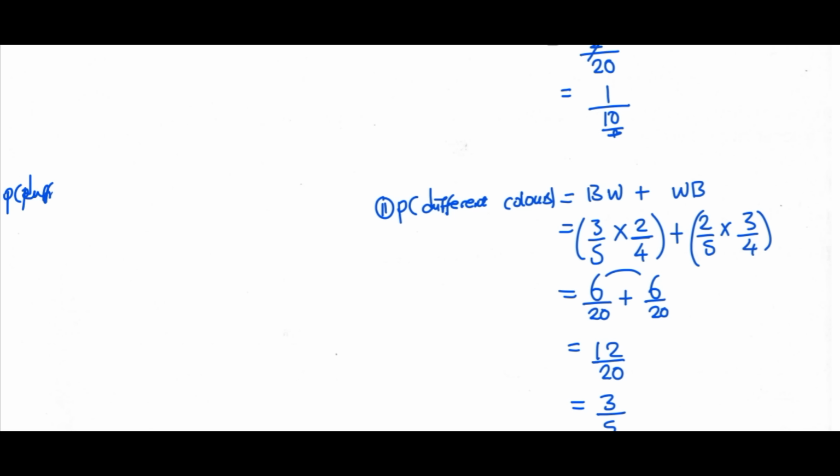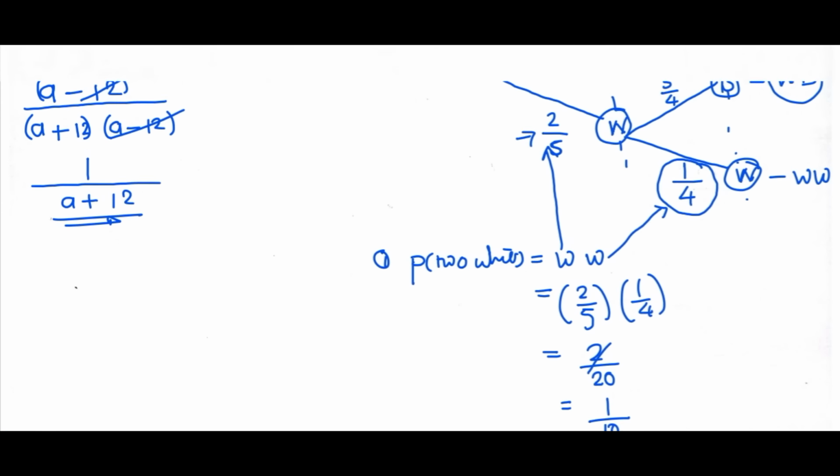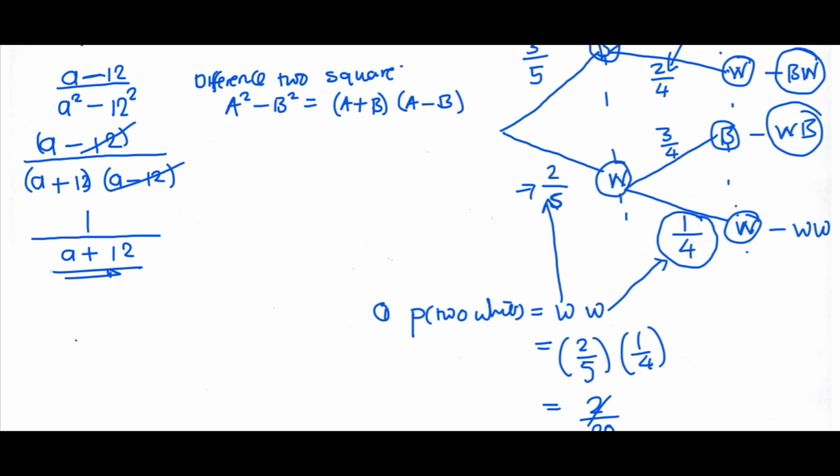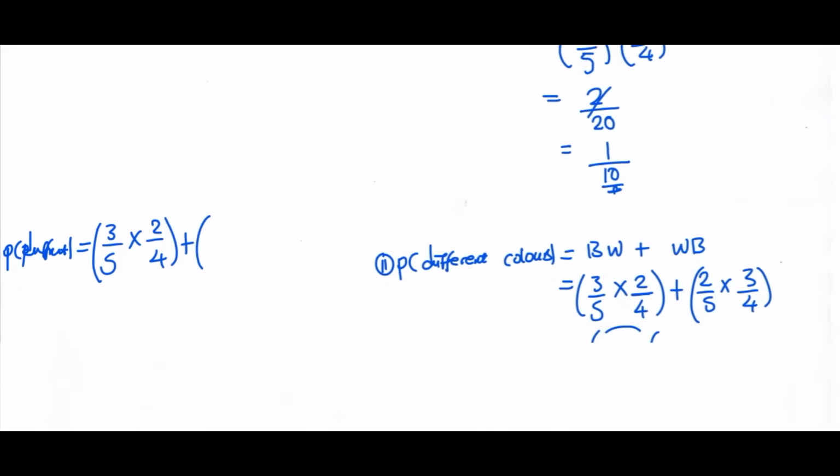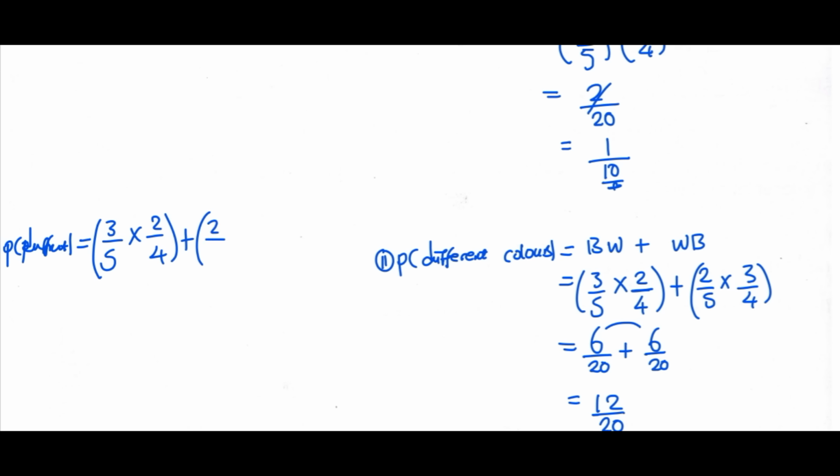BB is 3 over 5 times 2 over 4 plus white, it's 2 over 5 times 1 over 4.